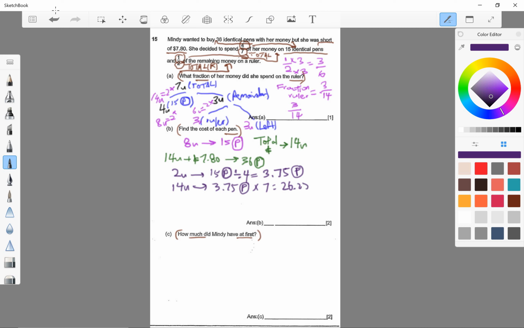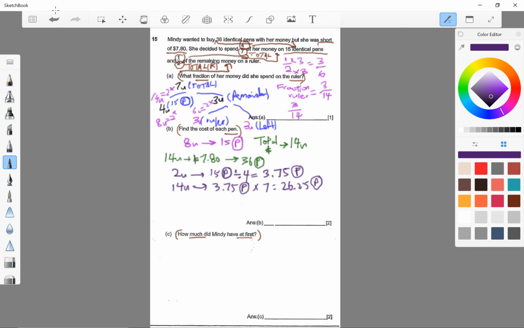So 26.25 pens for 14 units. And earlier on we know that if I were to add 14 units and 780 together, I will get 36 pens.